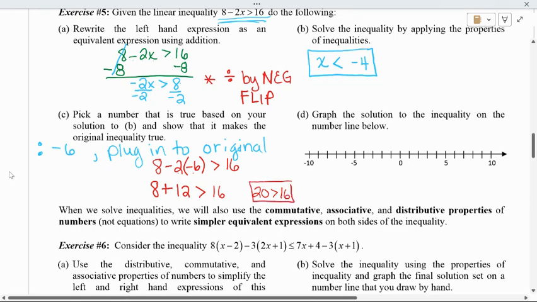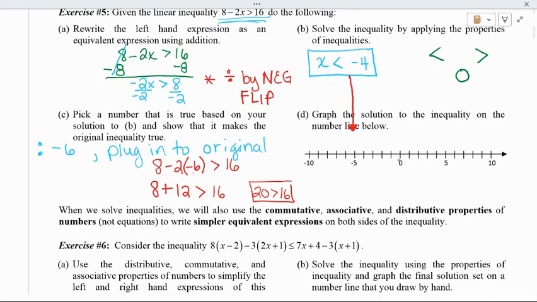So we're going to graph this solution, x is less than negative 4, right here on this number line. We always begin at the number that is part of the solution, so negative 4 is where we begin. Remember that when we use the less than or greater than symbol, is our circle going to be open or closed? Open.